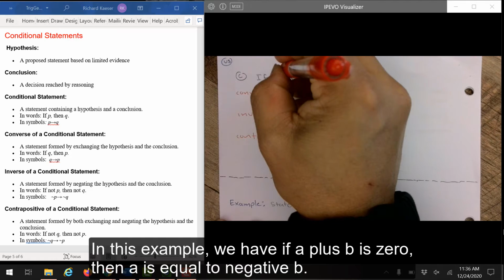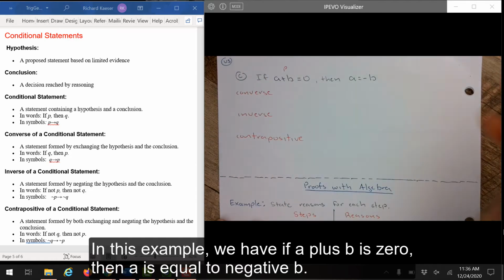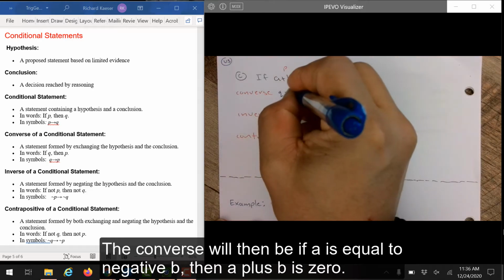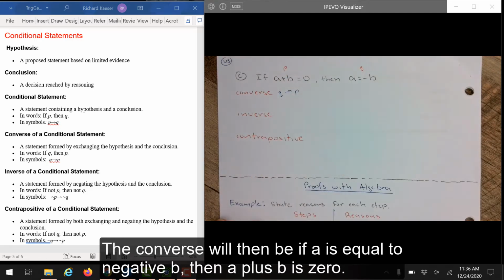In this example, we have if a plus b is 0, then a is equal to negative b. The converse will then be if a is equal to negative b, then a plus b is 0.